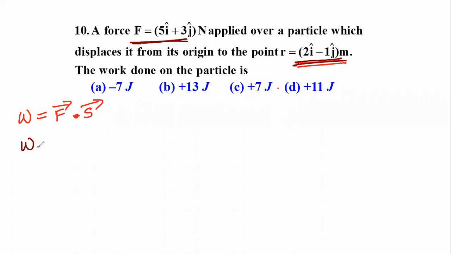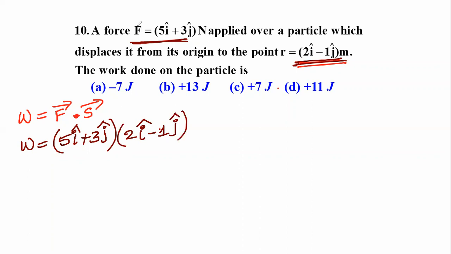Therefore, work done W is equal to (5i cap plus 3j cap) dot (2i cap minus 1j cap). We have to multiply this.